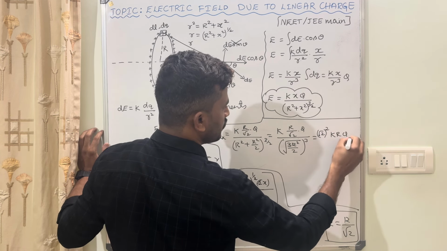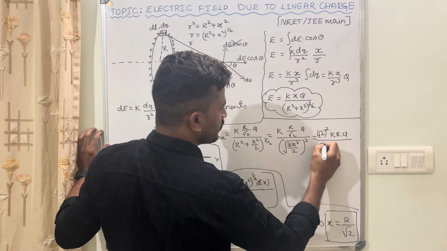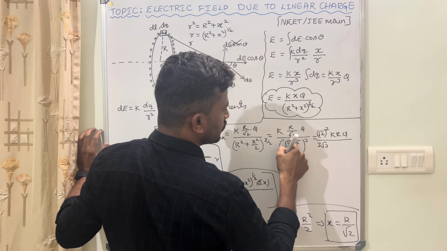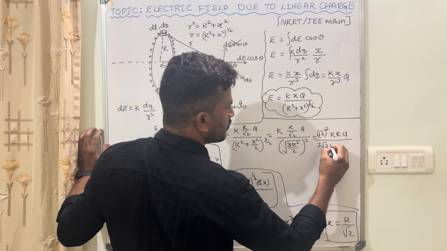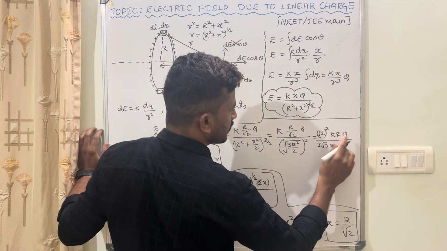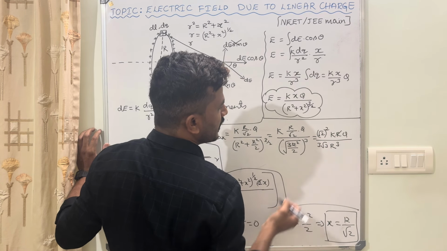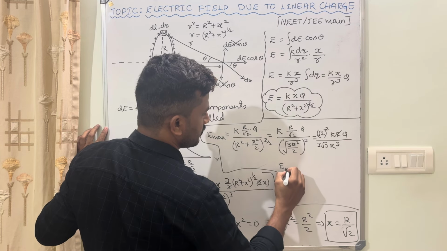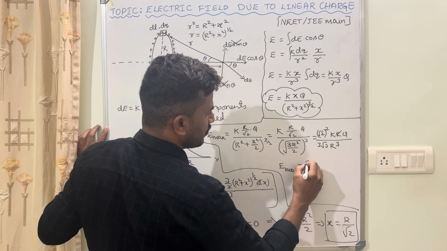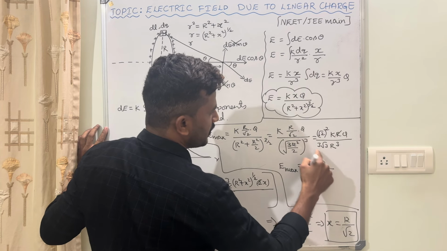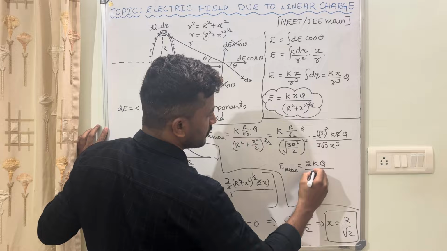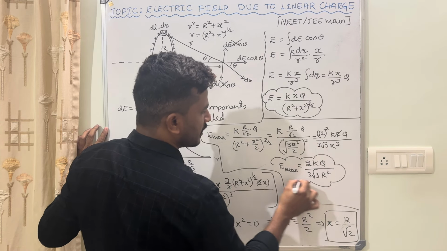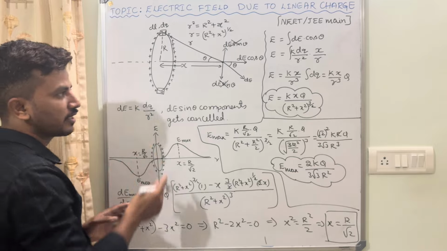K r q divided by root 3 whole cube, that is 3 root 3, and r square under the root is r cube. After that r gets cancelled, root 2 square is 2, so E maximum is given by 2kq divided by 3 root 3 into r square. So this is the maximum value of electric field due to a circular current loop.